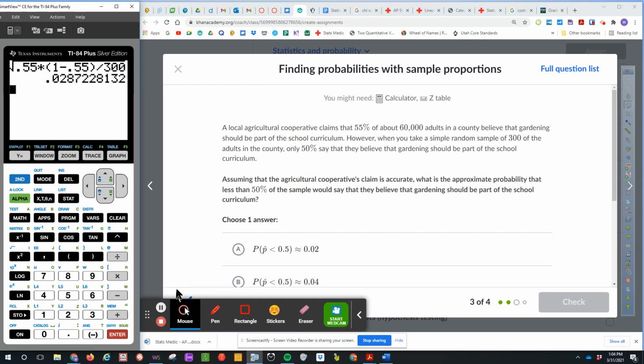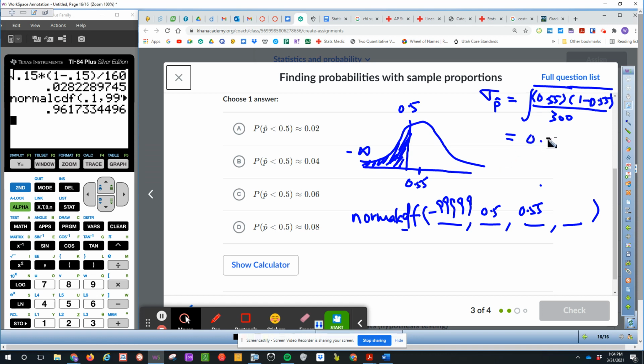So it's 0.02872. Okay, round to the nearest, I can put 4 decimal places. So it's 0.0287. This is the standard deviation of the sampling distribution of the sample proportion here.